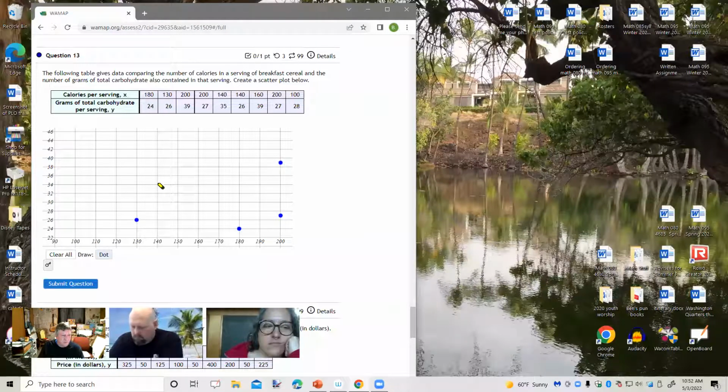Here's 140, 35 is halfway between 34 and 36. 140, 26. I'm going to move that over just a little. Maybe not. 160, 39. 227. We've got another point there.